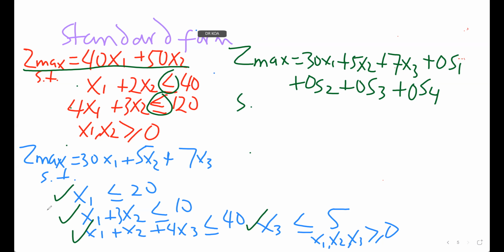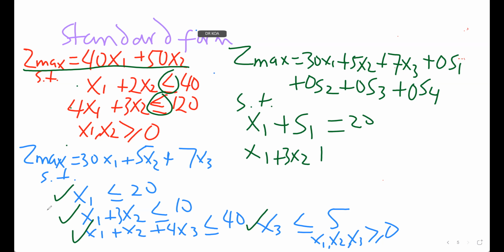Then you come to the subject to. Write subject to x1, then you bring the plus the first slack, s1 equal to 20. The second constraint, x1 plus 3x2 plus s2 equal to 10. The third one is x1 plus x2 plus 4x3 plus s3 equal to 40.